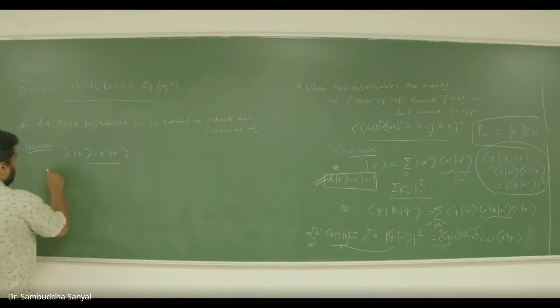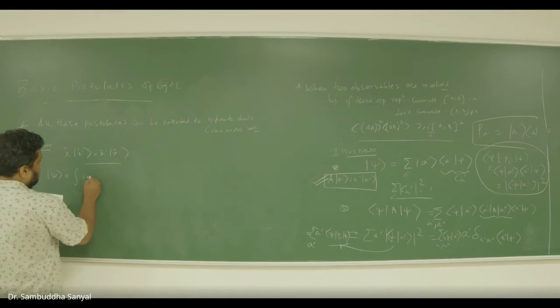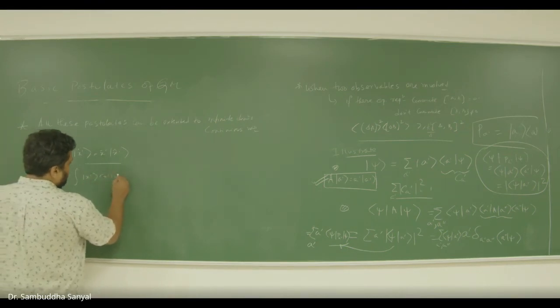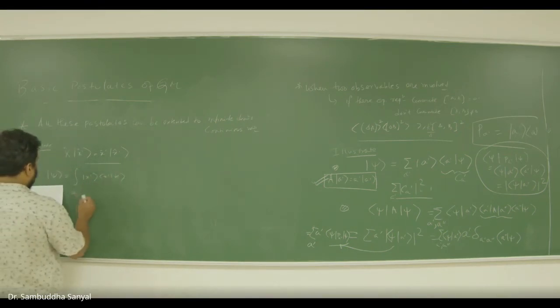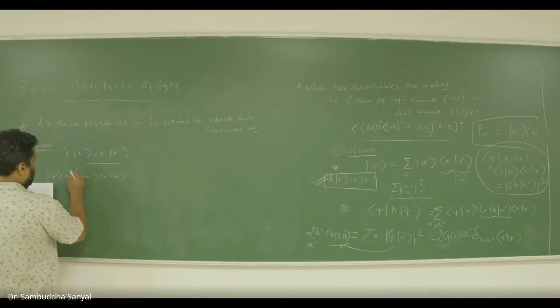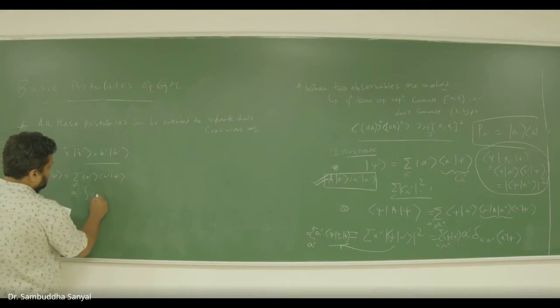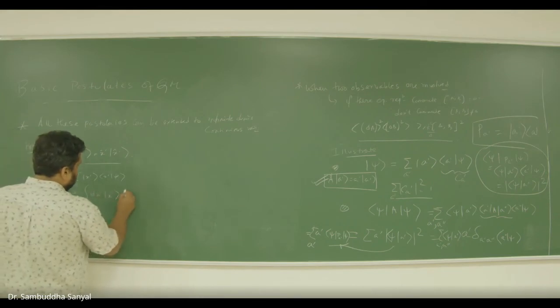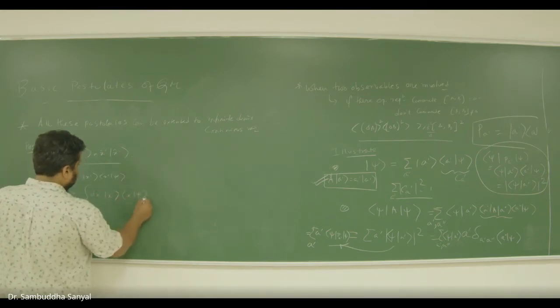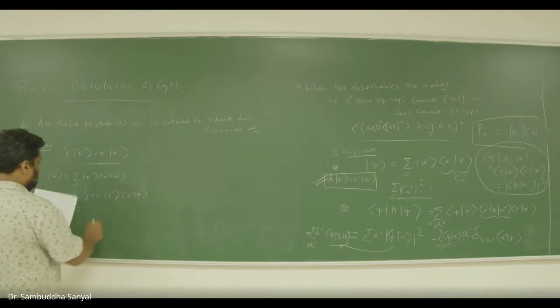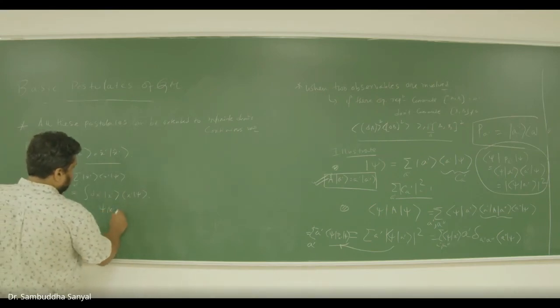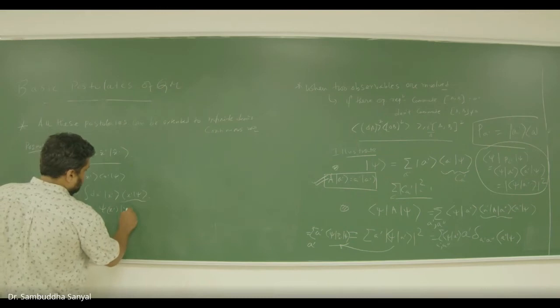And we learned we can play the same game here as usual. We can write it as x prime psi, and we can write it as a summation, and then we replace the summation by an integral, and that is nothing but psi x prime, a function.